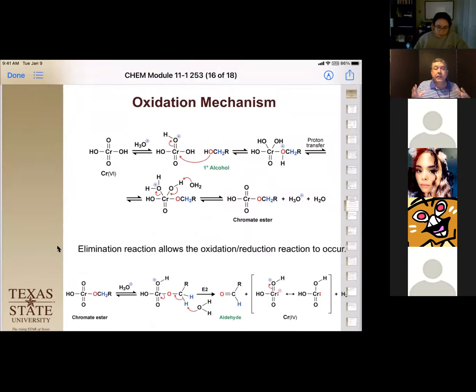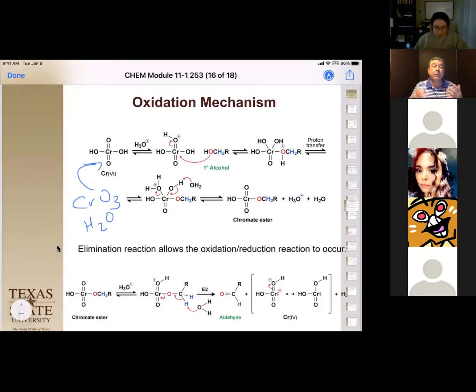The most common reagent we use for this is chromic acid. It's actually CrO3, and then plus H2O generates chromic acid.